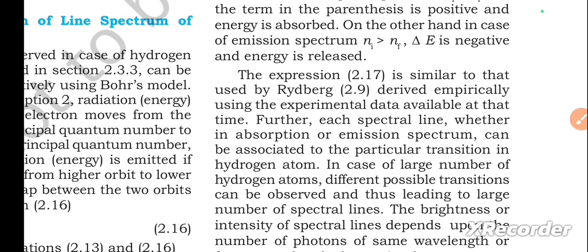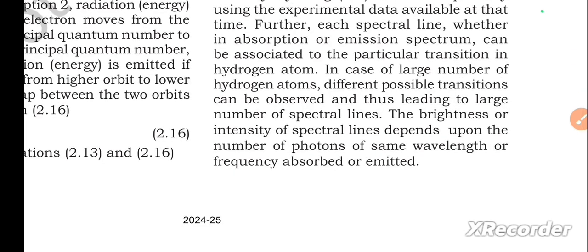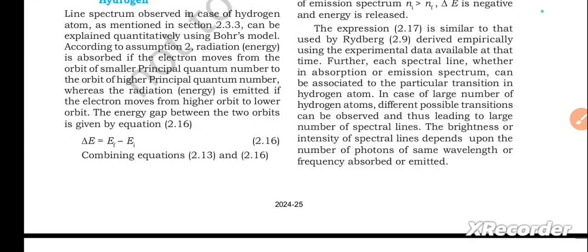Further, each spectral line, whether in absorption or emission spectrum, can be associated to a particular transition in hydrogen atom. In case of a large number of hydrogen atoms, different possible transitions can be observed, thus leading to a large number of spectral lines. The brightness or intensity of spectral lines depends upon the number of photons of the same wavelength or frequency absorbed or emitted.